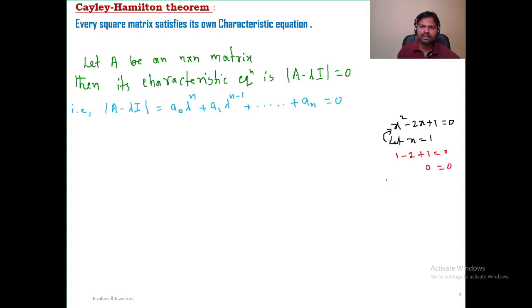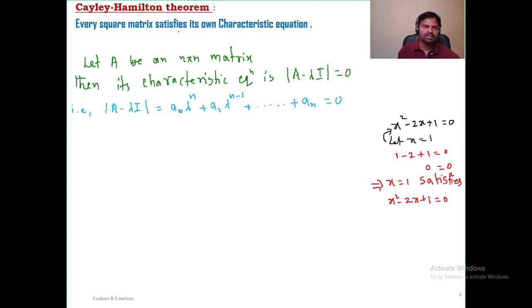Therefore, I can say that x is equal to 1 satisfies x square minus 2x plus 1 equal to 0. Satisfies means x equal to 1 is a root of this equation; LHS equal to RHS you will get.